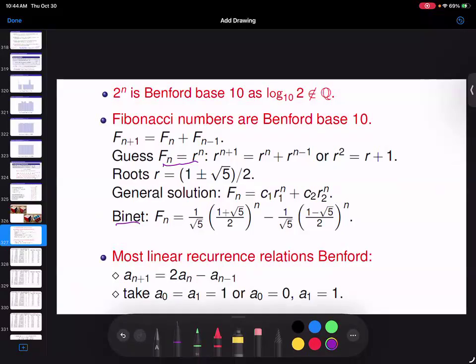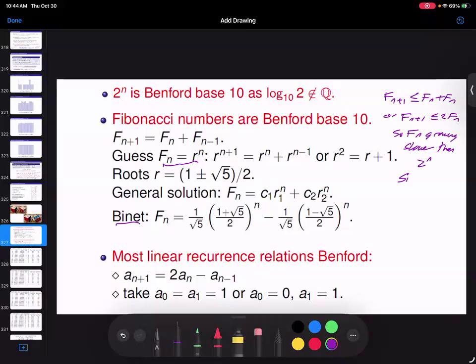And the reason it's not unreasonable is we know Fn plus 1 is going to be less than or equal to Fn plus Fn, or Fn plus 1 is less than or equal to 2 Fn. So Fn is growing slower than 2 to the n.